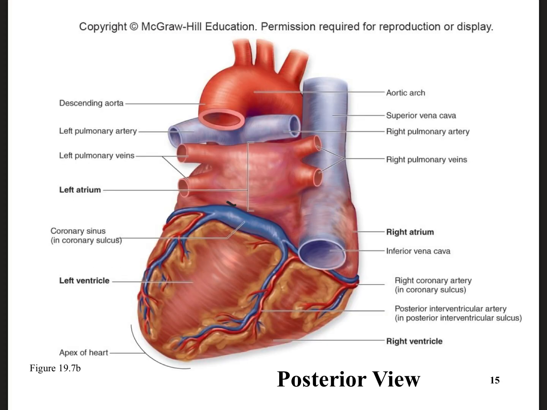All right, so here is the coronary sinus. It collects blood from the cardiac veins coming back from the heart and then empties into the right atrium. And here you can also see the pulmonary veins, 4 of them, which then empty right into your left atrium, which is right underneath there.